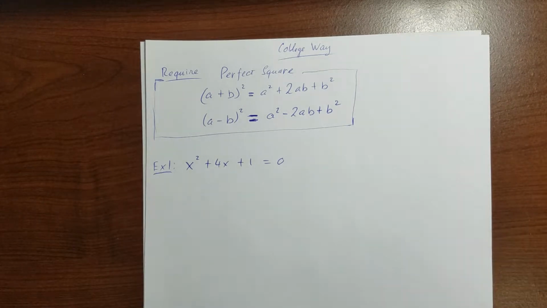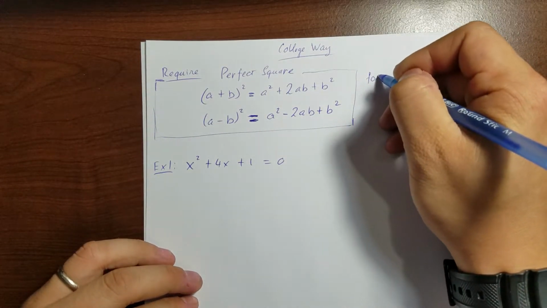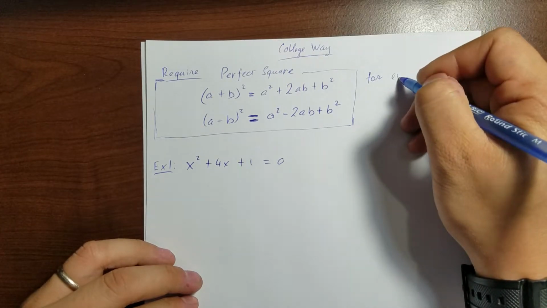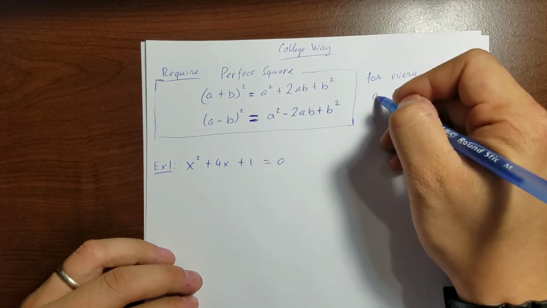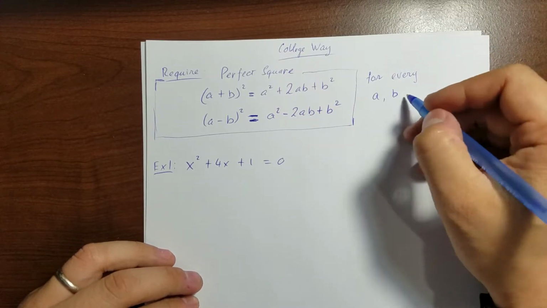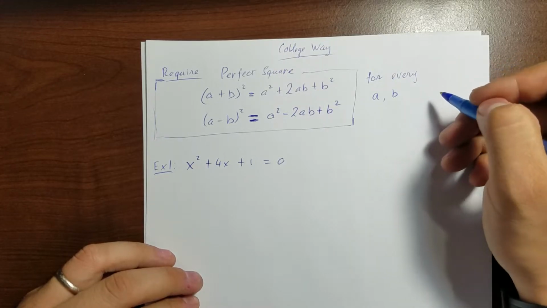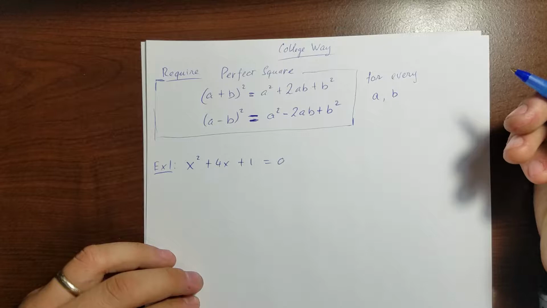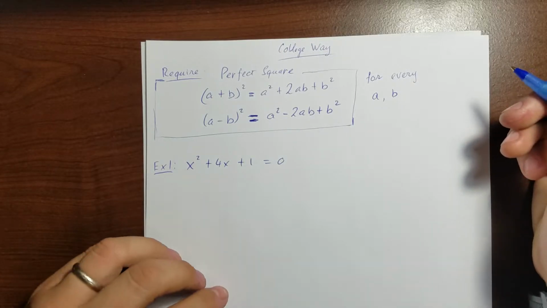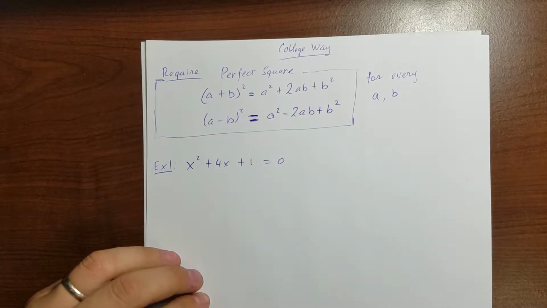Very college friendly, yet it may sound like a crazy thing. The perfect square, and for this one, the requirement is the perfect square formula. For every A and B, meaning A and B can be any number, ranging from normal to decimal up to imaginary numbers, it still works.